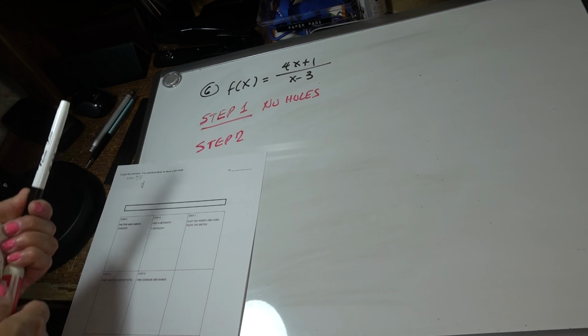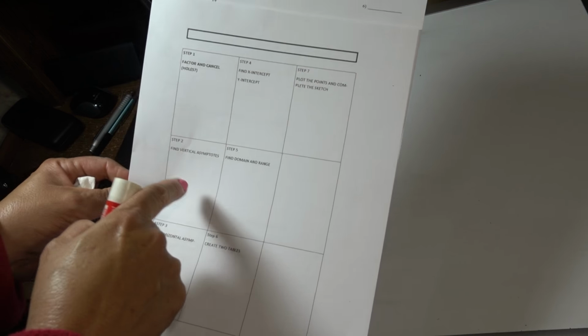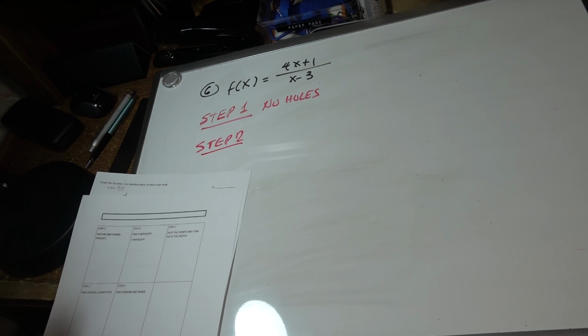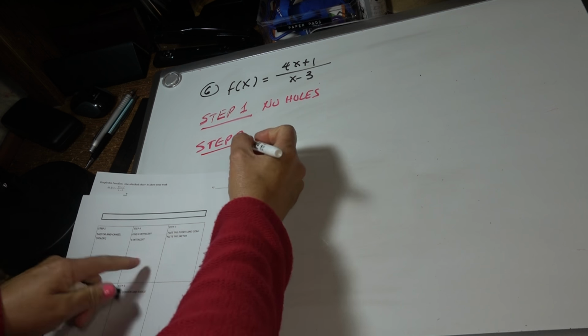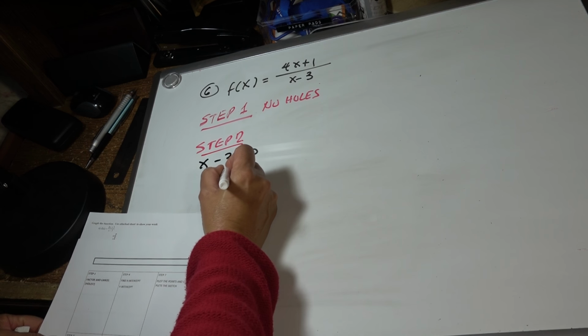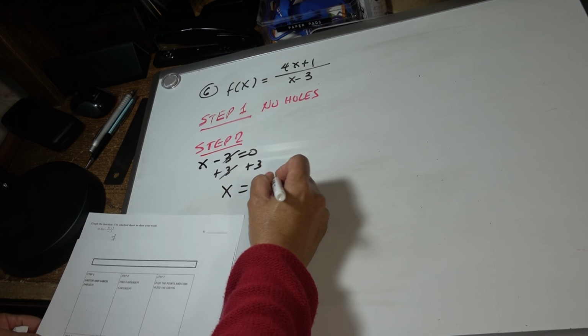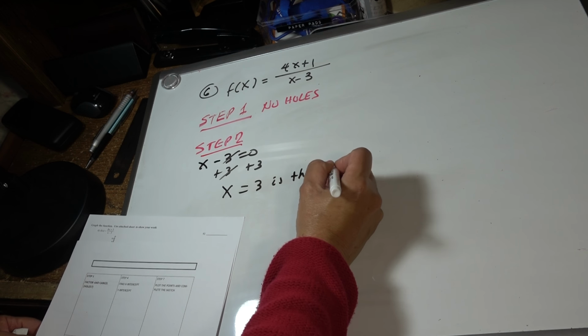So x minus 3 equals 0. Add 3 to both sides. x equals 3 is the vertical asymptote.